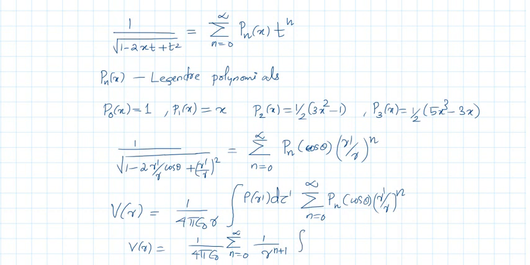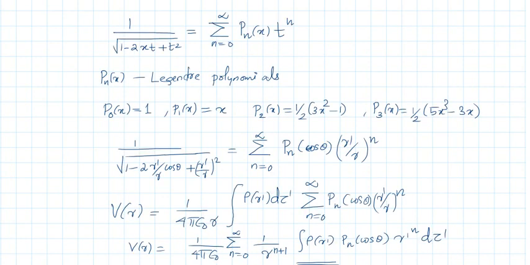Integral rho of r prime Pn of cos theta r prime raised to n d tau. Okay. This is expression for potential in terms of distance from an origin.